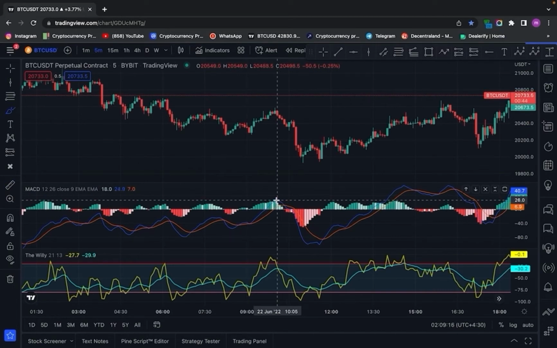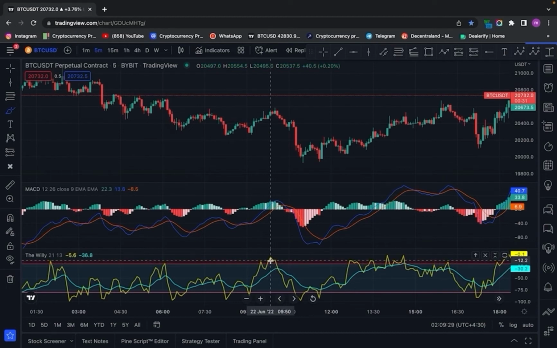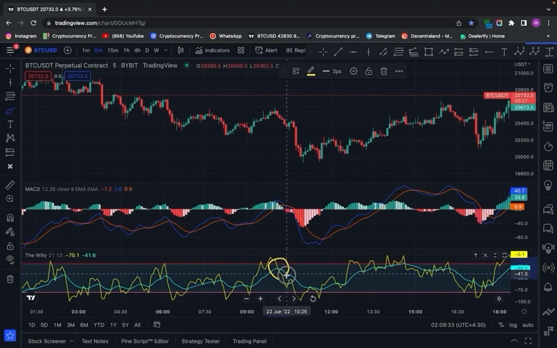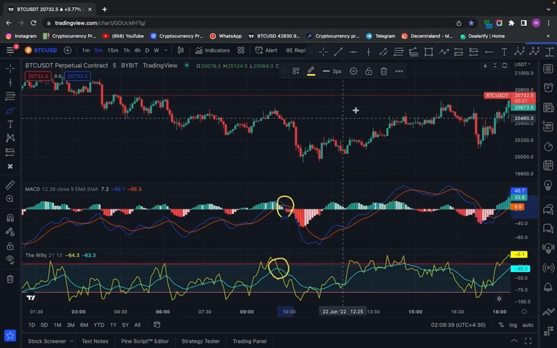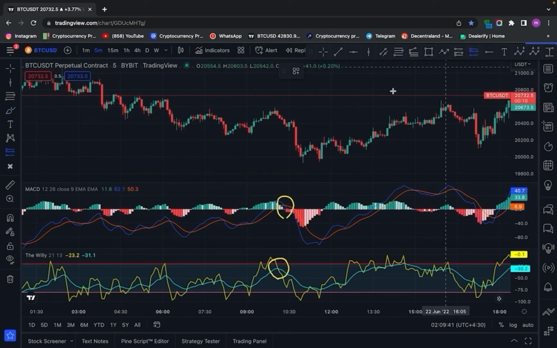Here we see that the blue line crosses the orange line downwards, and histogram candles change color from green into red. And in this indicator, we see that the yellow line crosses the blue line downwards. It means that we have a condition here. And our other condition is here, so we can enter a sell short trade, and this is a valid trade.